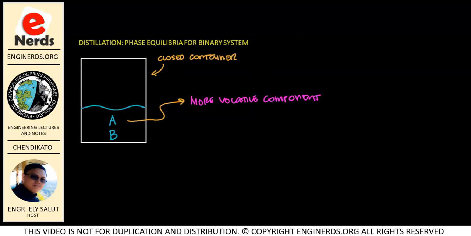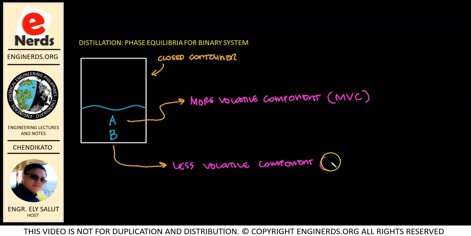And of course, our component B has lower volatility, so we're going to call that the less volatile component. In textbooks, you will see that the more volatile component is also written as MVC, and the less volatile component is, on the other hand, called LVC.